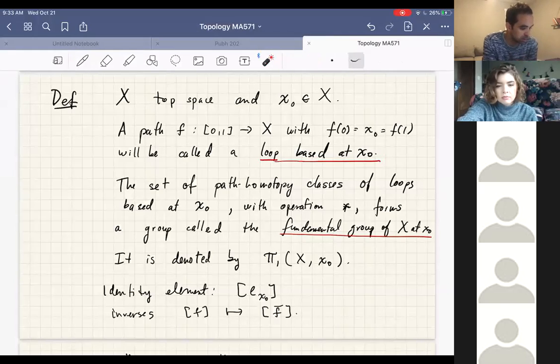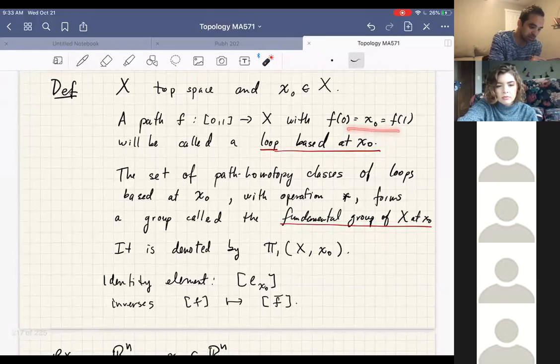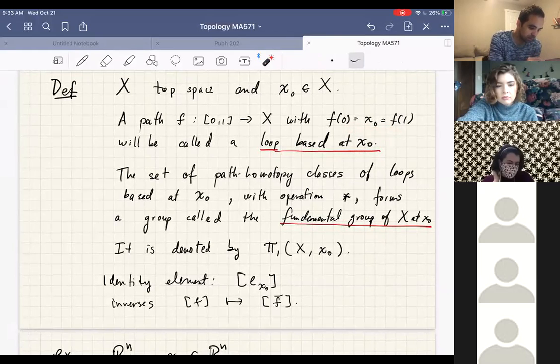Let's quickly recall some basic definitions and constructions. A path in X is called a loop if it starts and ends at the same point. It's called a loop based at x0 if it starts at x0 and ends at x0.